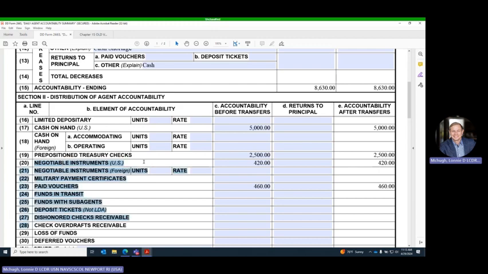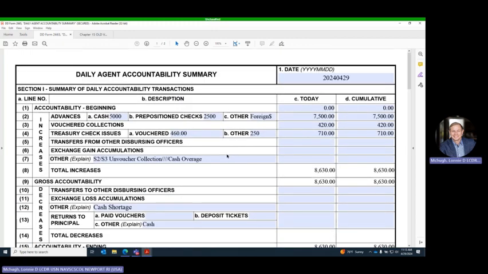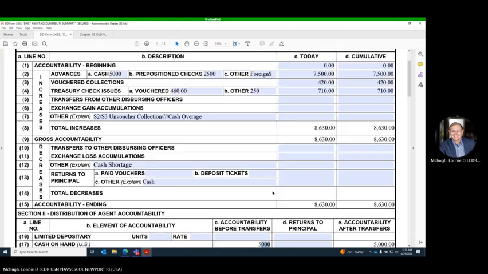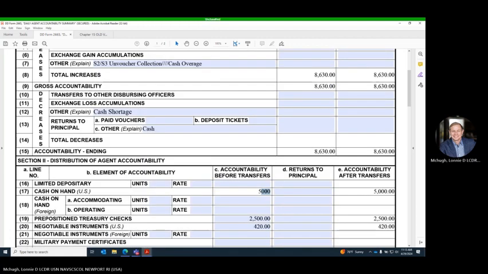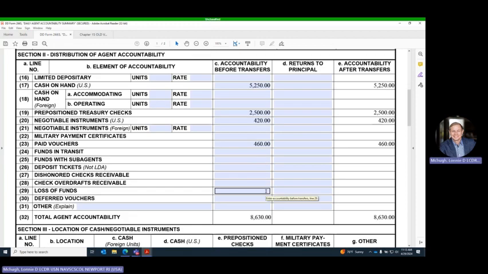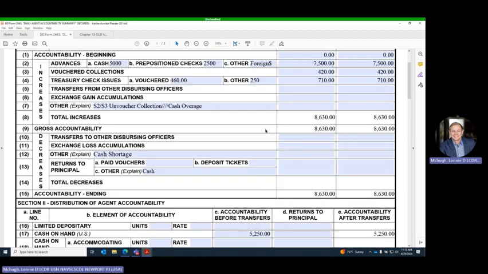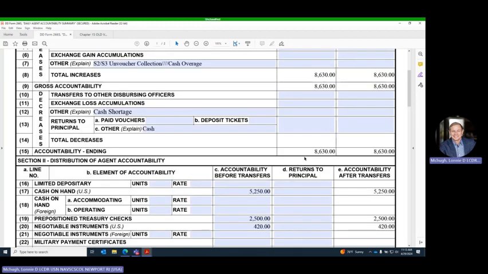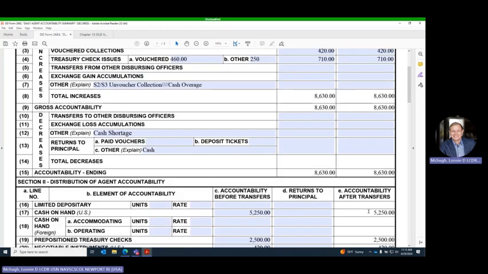This still falls under negotiable instruments if we were doing it exchange for cash check. But in this example, we receive cash for this, so we're going to increase our cash by $250. Now we're going to check, does our line 9 match 32 Charlie? It does. 15 matches 32 Echo, we balance.